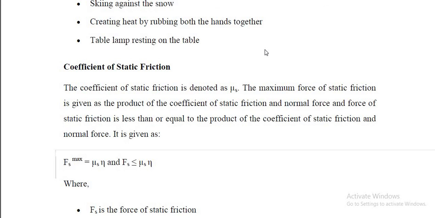Here eta is the normal force, but Fs may be less than or equal to this, because this is the condition for static friction.